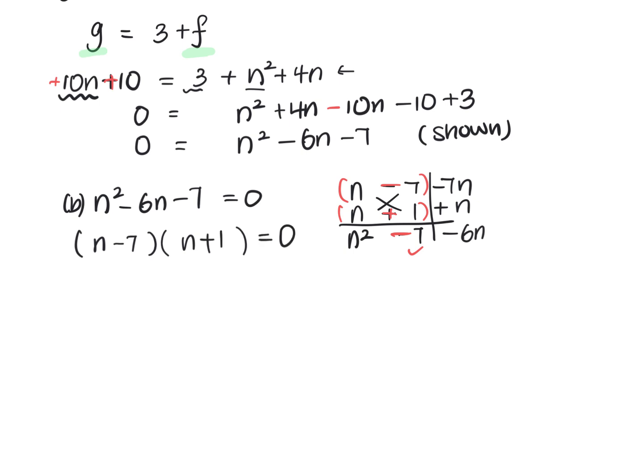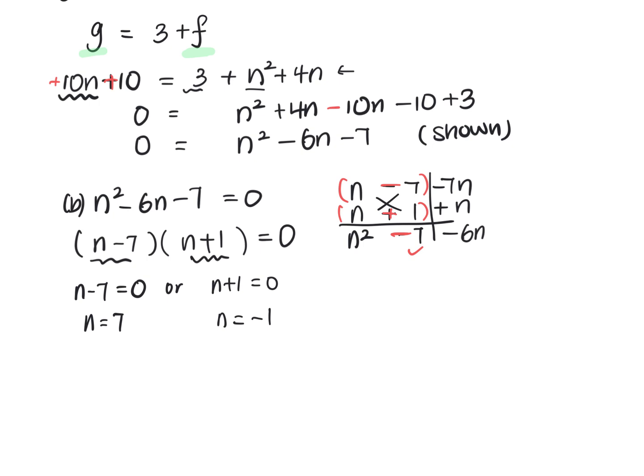Since something times something equals 0, the first factor, n minus 7, is equal to 0. Therefore, n will be equal to 7. Or the second factor, n plus 1, is equal to 0. So n will be equal to negative 1.